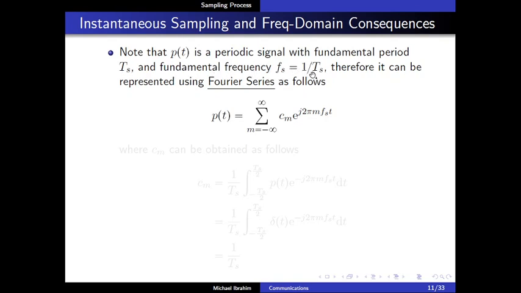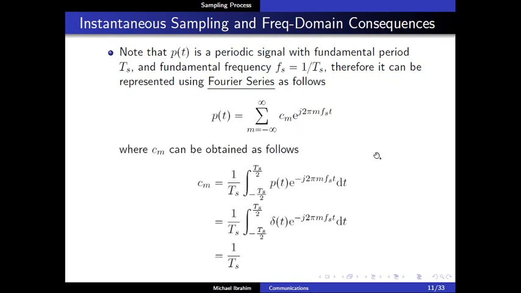It's basically 1 over Ts. So here, the frequency in this term is m times fs. If m equals 0, this is a DC term. If m equals 1, this is the fundamental frequency, or the first harmonic. If m equals 2, the frequency is 2fs, which is the second harmonic, and so on. And now we need to find Cm. And Cm, if you remember from signals and systems, can be obtained as follows.